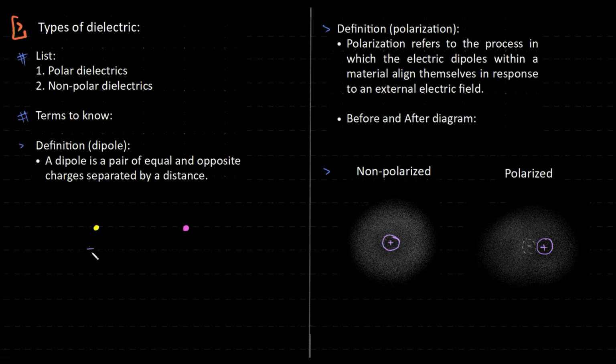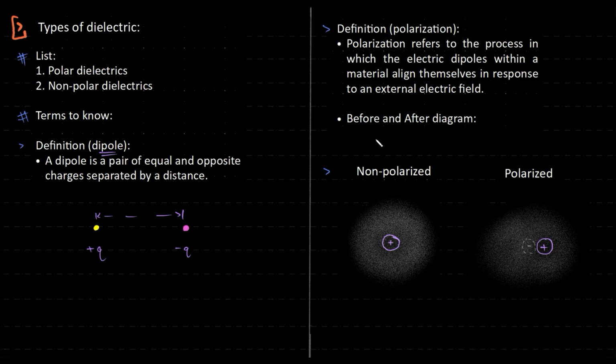One is, say, plus Q, and the other is minus Q. They are equal in magnitude, and the distance between them is quite small. Such a system, a pair of charges, is called a dipole.